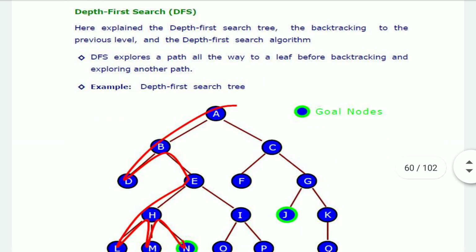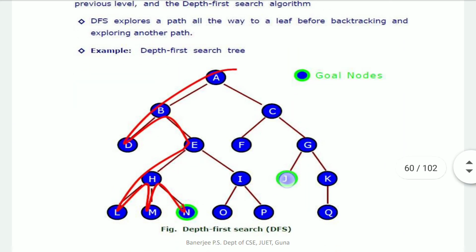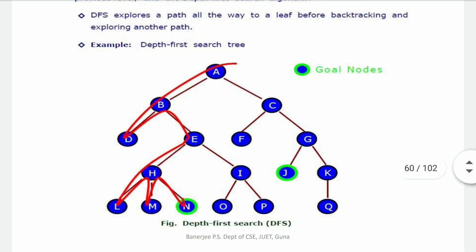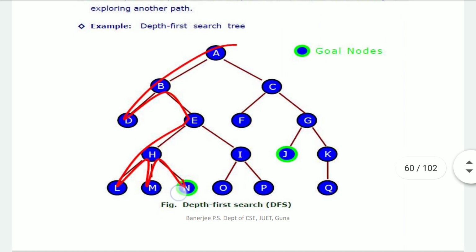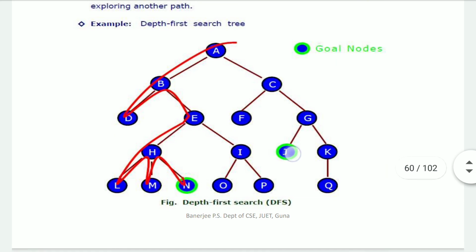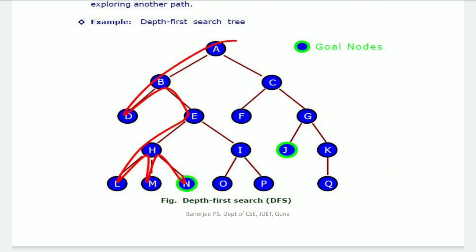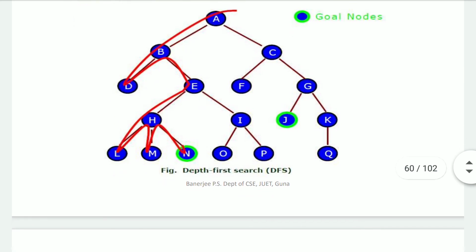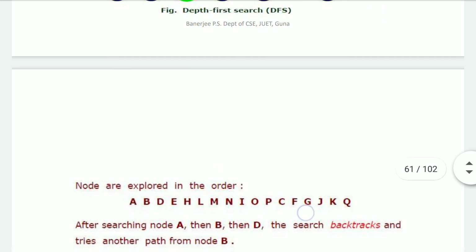Now here comes one more thing, that is the depth first search for a tree. So DFS for a tree will be somewhat like I'll be traversing from A to B, and then from B to D, and then E to H to L, M, N. So if I'm supposed to go to the goal node, that is N, or to J, the whole of the DFS for this tree would be A, B, D, E, H, L, M, N, likewise, right?